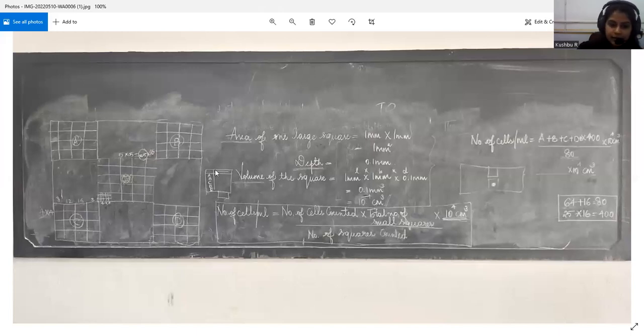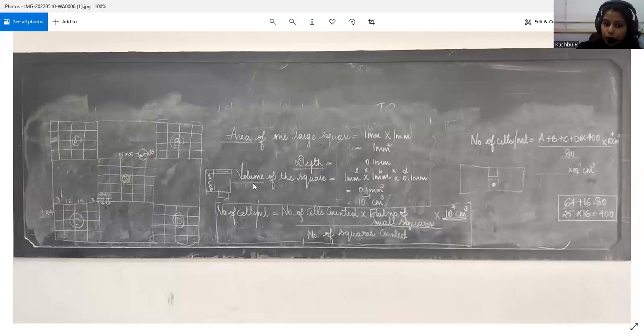When we speak about the area of one large square, it is 1 into 1 mm, that is length into breadth, 1 mm square. The depth of the square is going to be 0.1 mm.